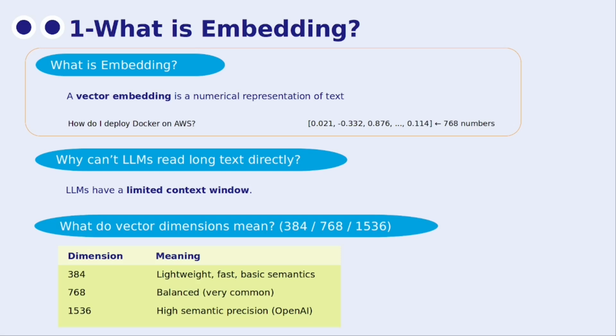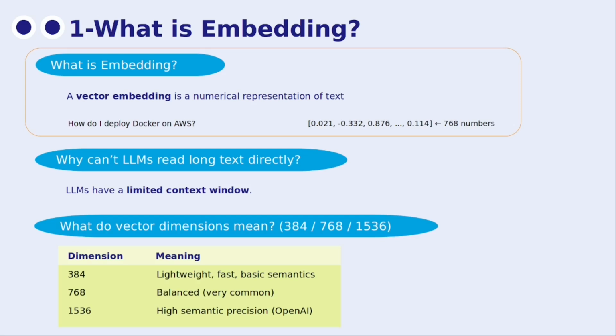Each number represents part of the meaning. Important idea: this is not keyword matching. This is semantic meaning. So let's see. "Deploy Docker on AWS" and "run container on EC2" are different words, but very close vectors. That is the power of embeddings.